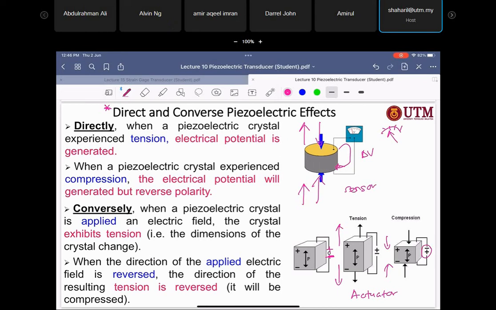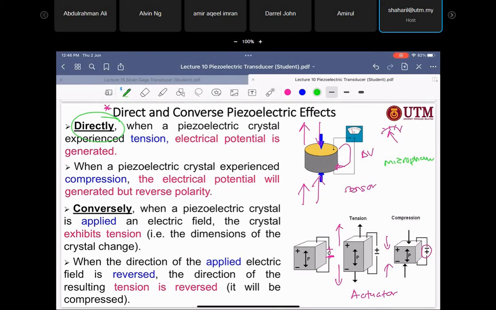Yeah, inside the microphone, there is a piezoelectric material. Inside the speaker, there is also piezoelectric material. So the microphone uses the direct effect.